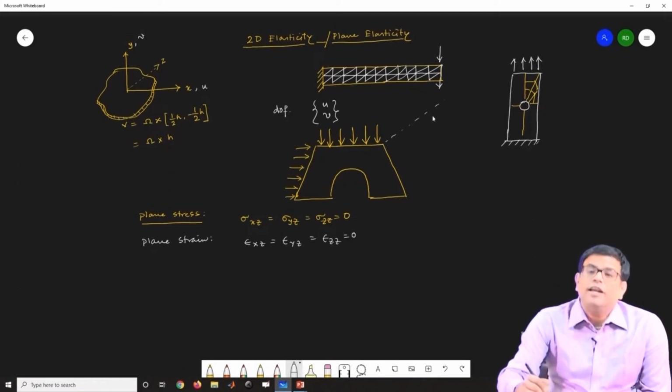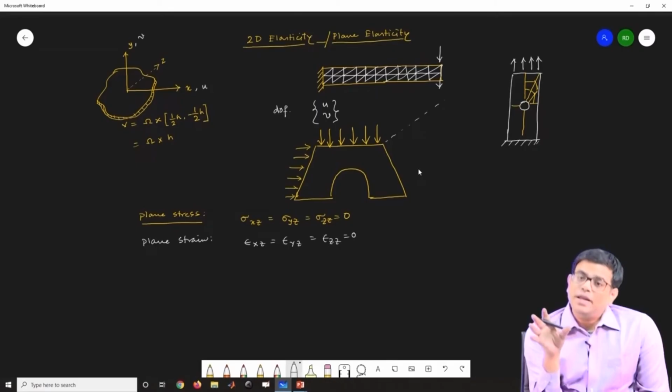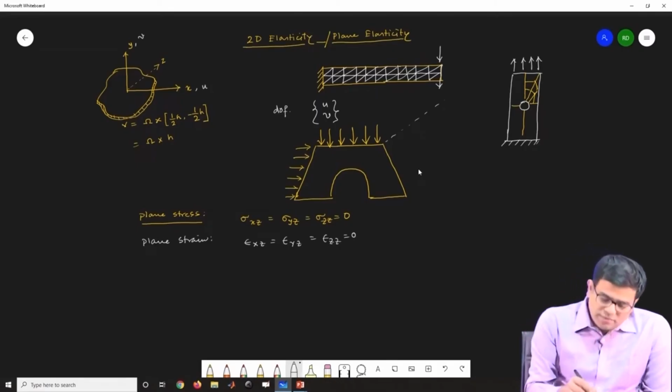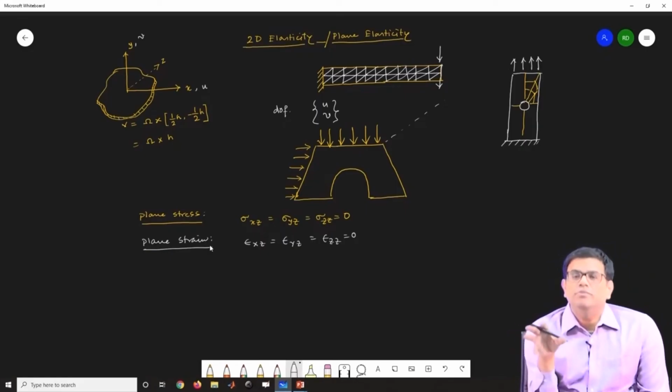So for infinite thickness, or a thickness which is large essentially, the thick problem, we can approximate the three-dimensional problem with the plane strain assumption. In plane strain, sigma zz is not 0. So this is the basics we need before we jump into the weak form.